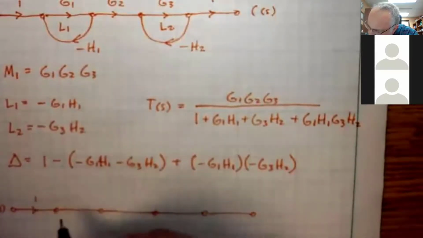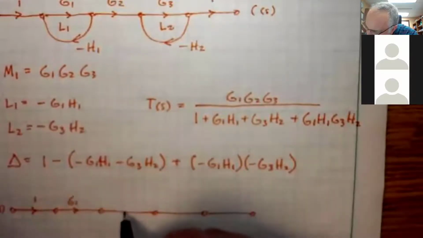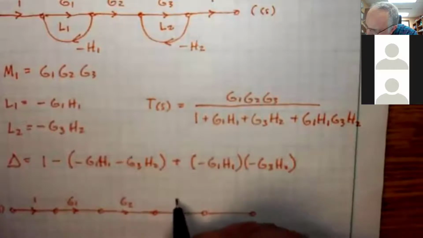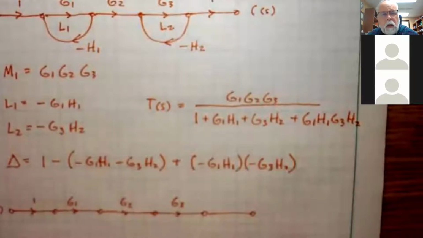Make this 1, G1, G2, G3. Now, I need to have 3 loops, 2 touching.